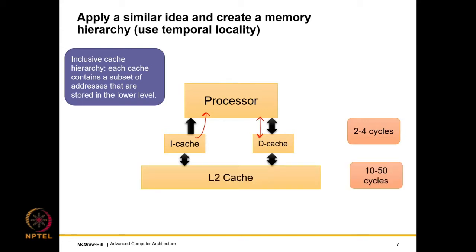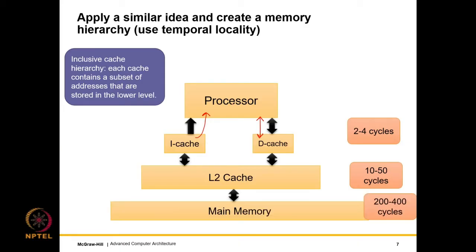Then we have the L2 cache. The L2 cache is a level 2 cache, which is comparatively much slower. Its latency is between 10 and 50 cycles. Then we can optionally have an L3 cache or an L4 cache, which are bigger and slower. In modern server processors, they often have an L3 cache, even though having an L4 cache is very rare.